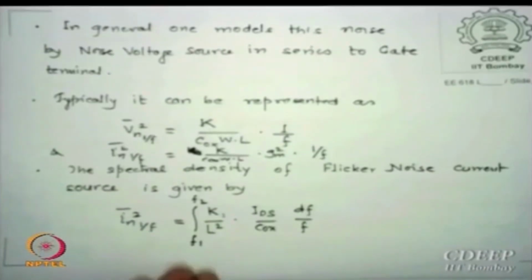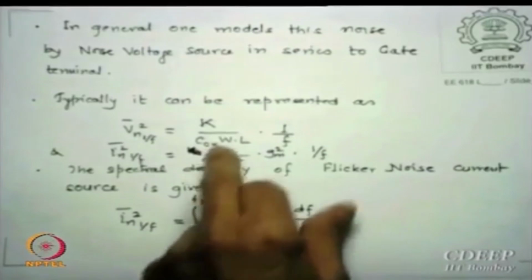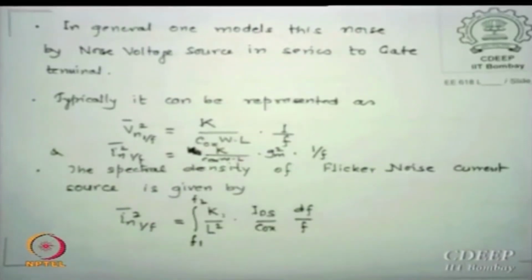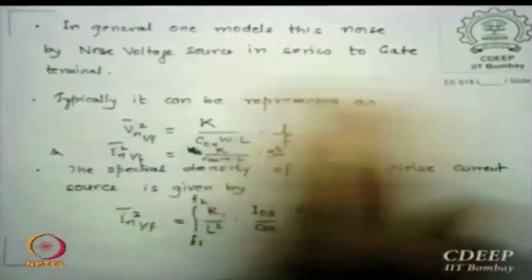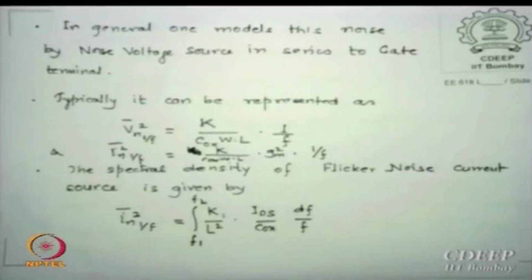Some books or papers may use this expression rather than those expressions. They are identical. Remember these K's are not the same; some constants have been picked up into K, and a new name has been given.